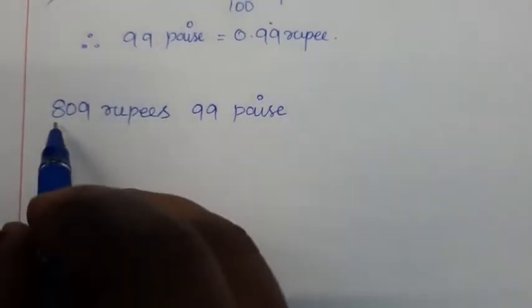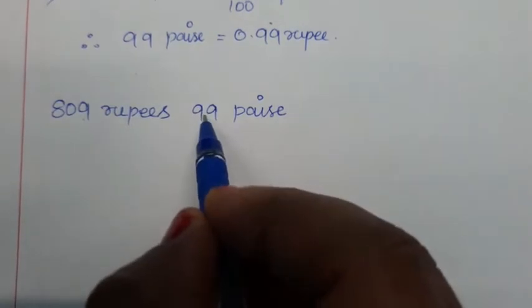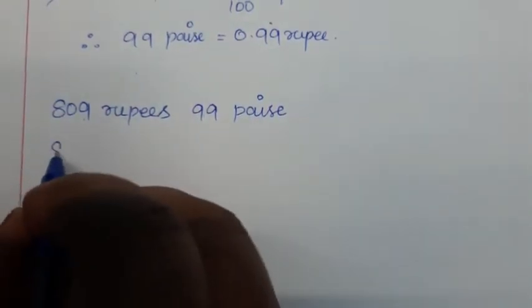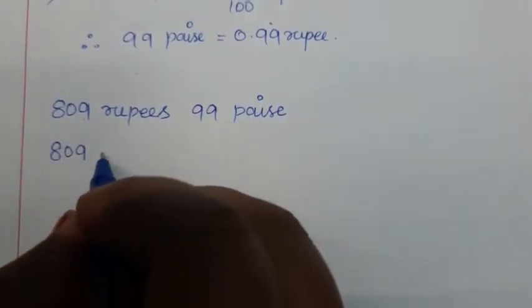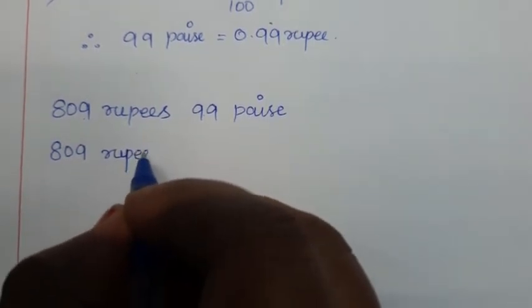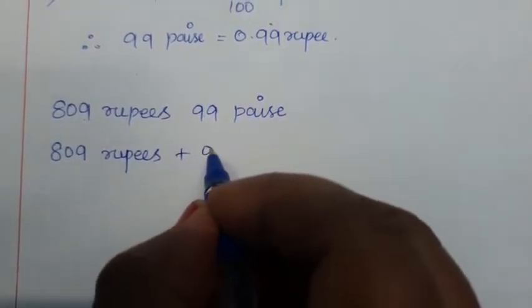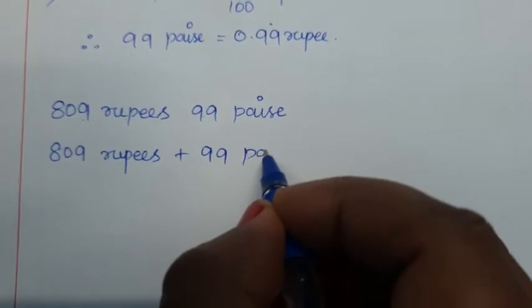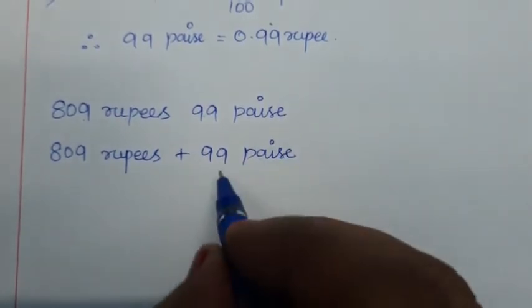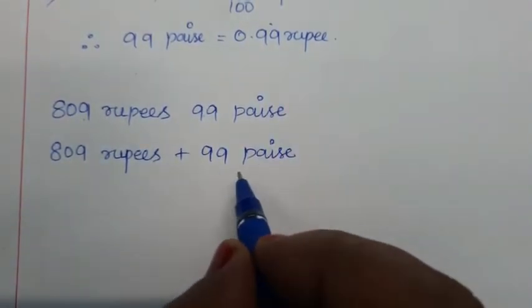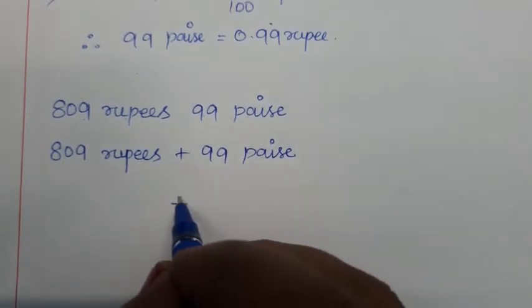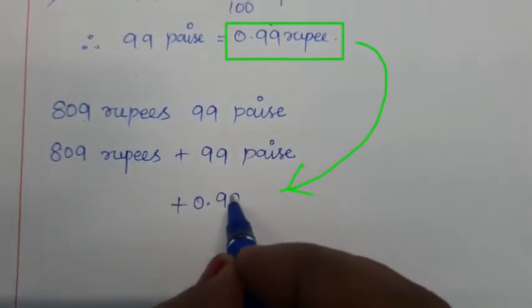Now from the question, 809 rupees 99 paise can be written as 809 rupees plus 99 paise. We know that this 99 paise is equal to 0.99 rupee.